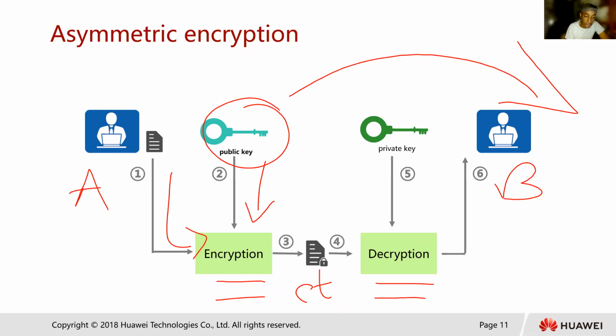Once user B receives it, they decrypt the data using their private key, which they don't share with anyone else. They're the only ones who keep those keys safely and privately.